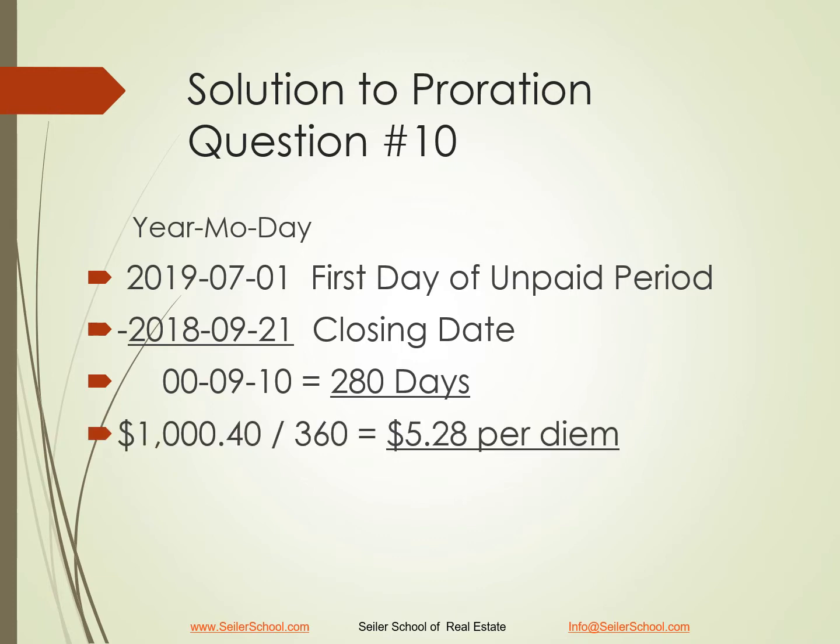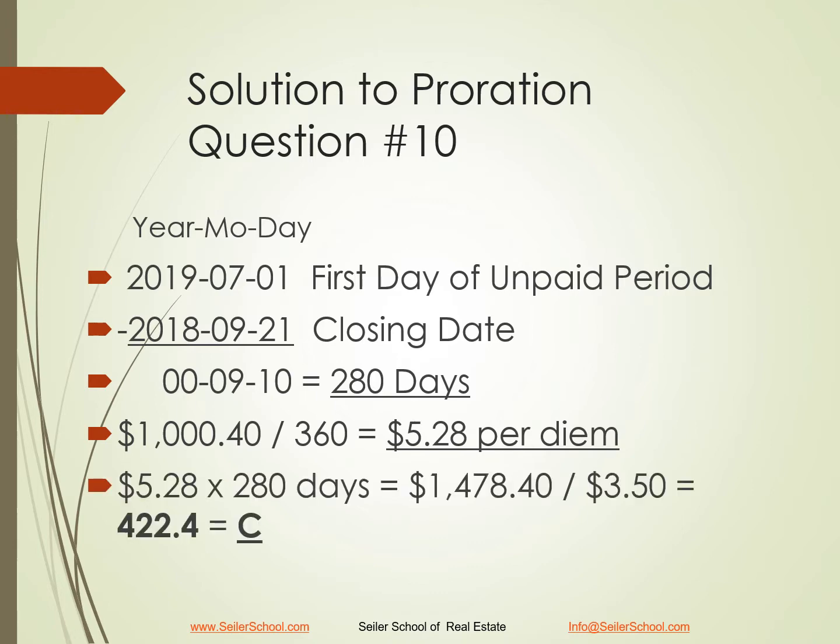Our annual water bill is $1,900. We divide by 360 days in our proration year, and we end up with $5.28 per diem. Times 280 days equals $1,478.40.